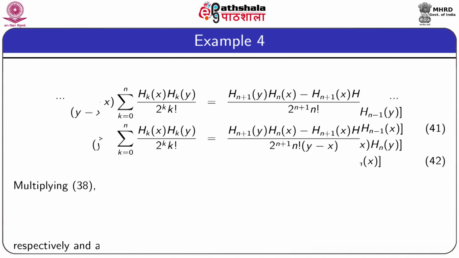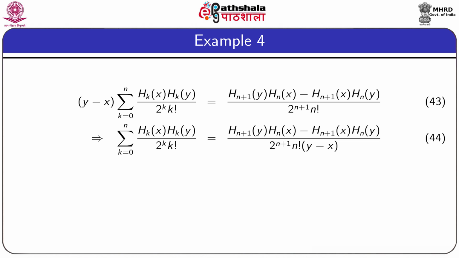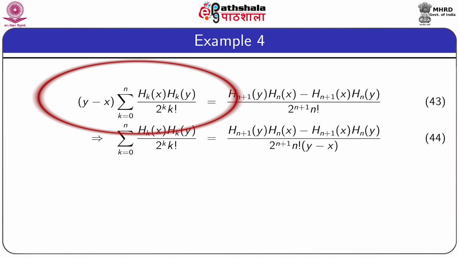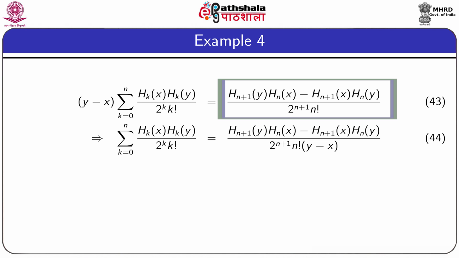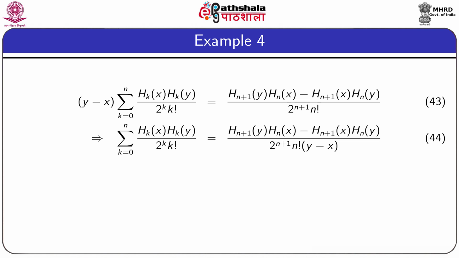If you do that, you will get (y minus x) times the summation k equal to 0 to n of H_k(x) H_k(y) divided by 2 to the power k into k factorial equal to [H_{n+1}(y) H_n(x) minus H_{n+1}(x) H_n(y)] divided by 2 to the power n plus 1 into n factorial. And in the next step, all you have to do is divide the right hand side by y minus x, and we get our desired result as given in equation 44.